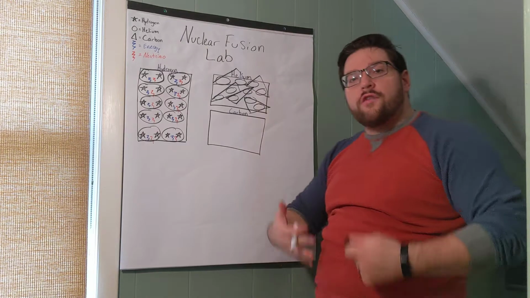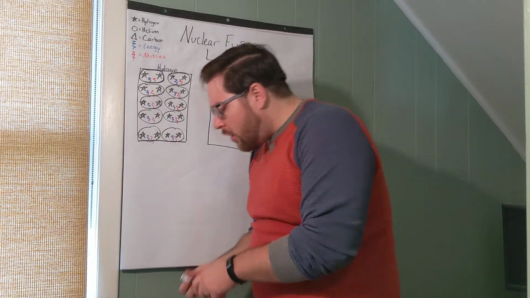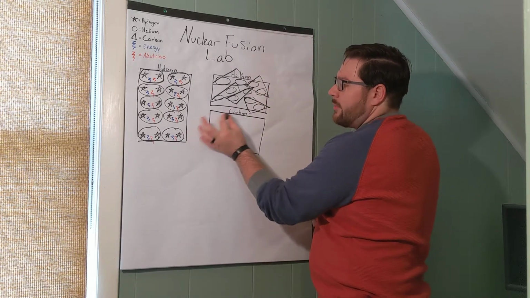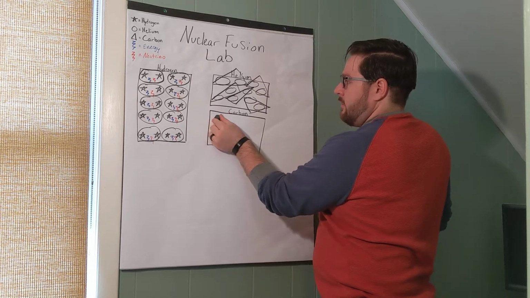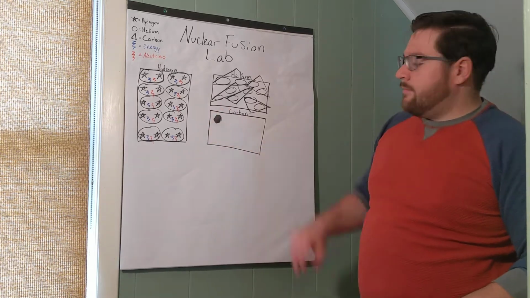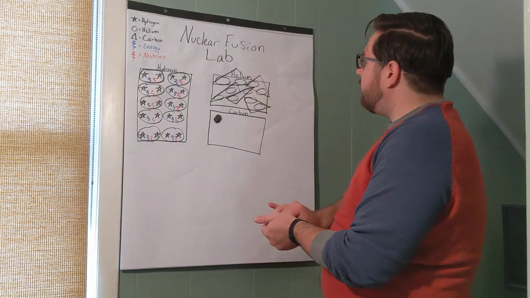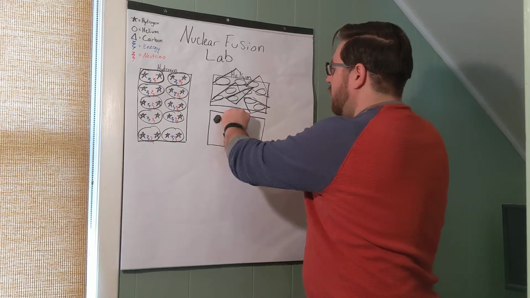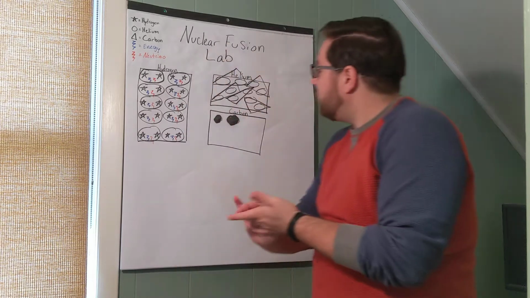Because those are all fusing together. Okay? So each time that those fuse, I'm creating now a carbon atom. Okay? And by the end of this, you should have so many fusions to the point where you have a certain number of carbons that have been created.